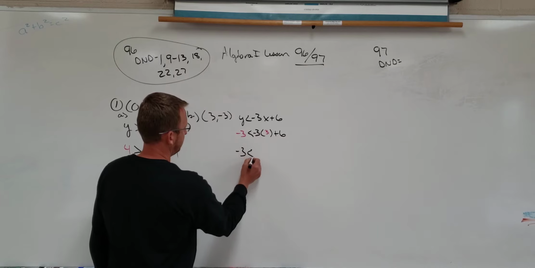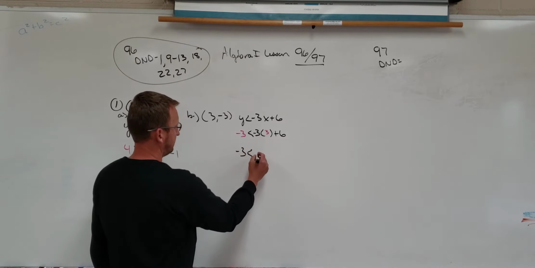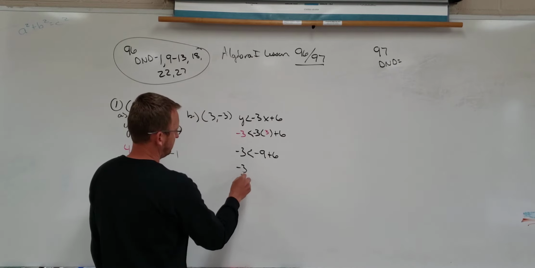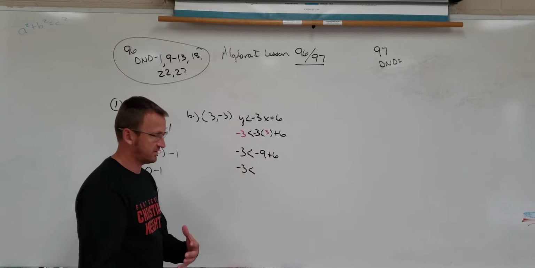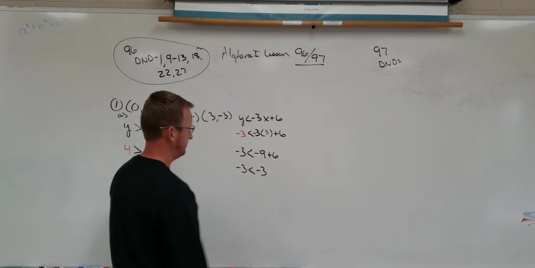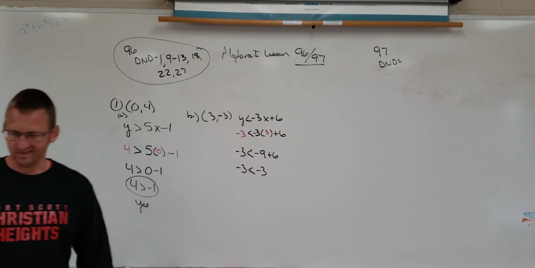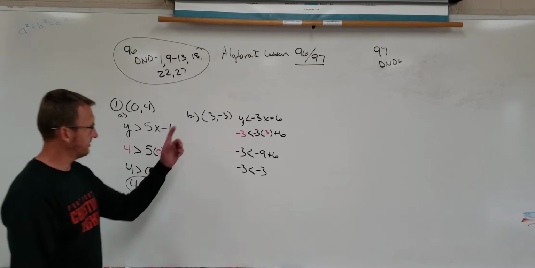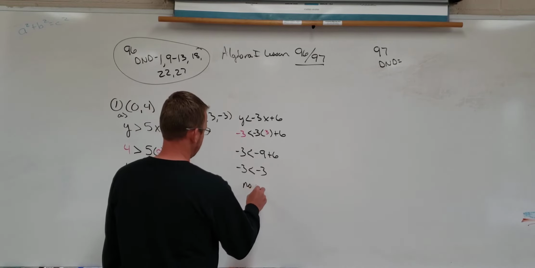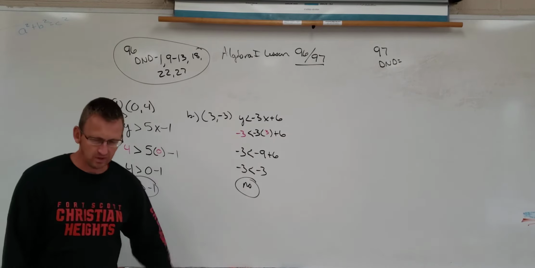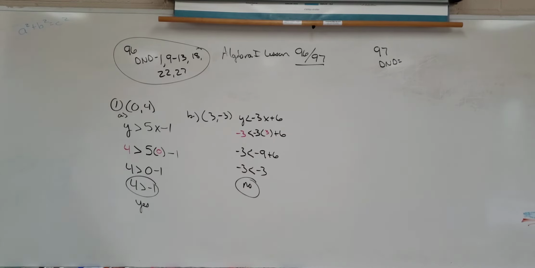So we have -3 less than, -3 times 3 gives us a -9 plus 6. -9 plus 6 gives me a -3. Is -3 less than -3? No, it's equal to. So this is not a solution. So you're seeing if the inequality works. Does it work or not?